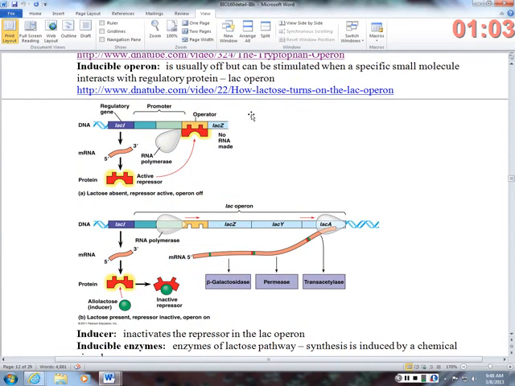So as lactose becomes more available in the environment, it's going to induce that to turn it on when that molecule is present, so that you make the enzymes when you need them to digest it. So those are two really classic examples, the lac operon and the tryptophan operon, of how bacteria will regulate things. So we're going to stop with that today.